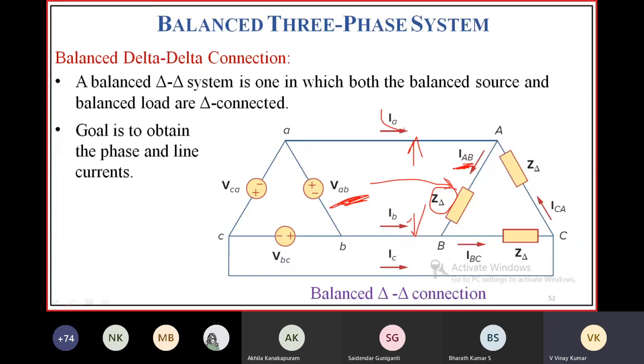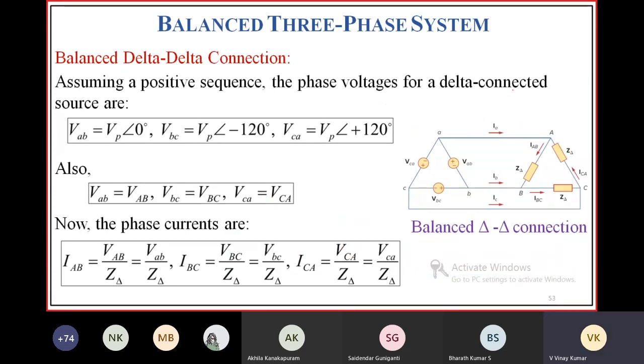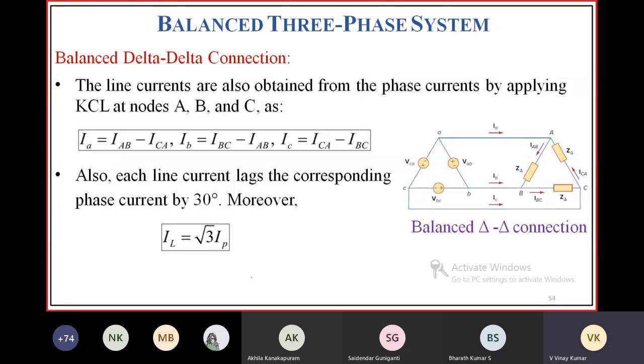After that you find the line current, because as it is a delta connected system, line current is equal to root 3 times the phase current, that is IAB, at an angle minus 30. IAB is equal to VAB by Z delta, IBC likewise. Right, so we can find out.